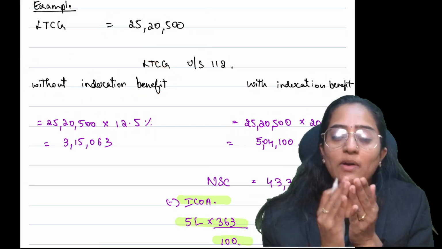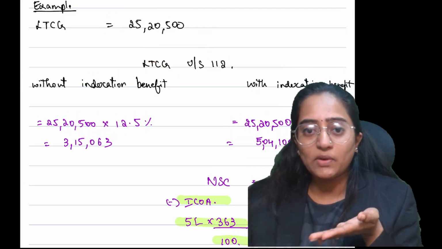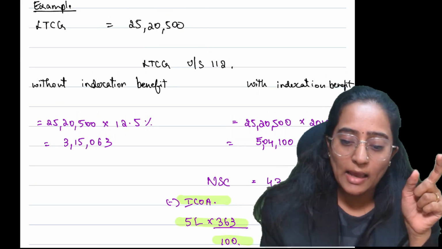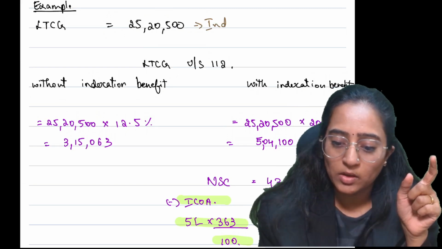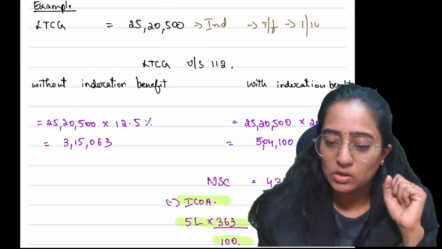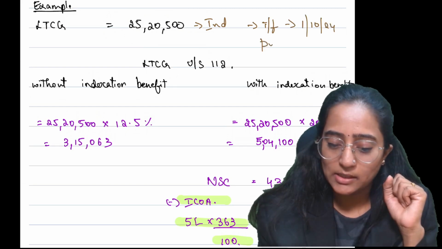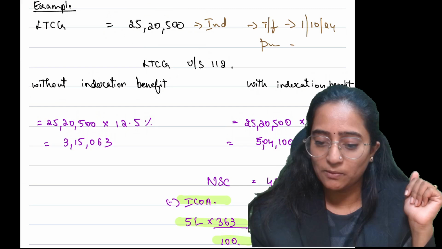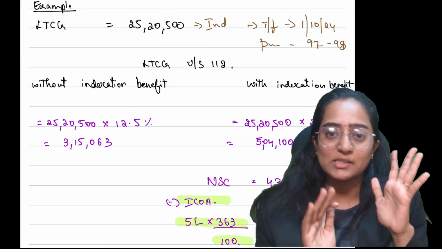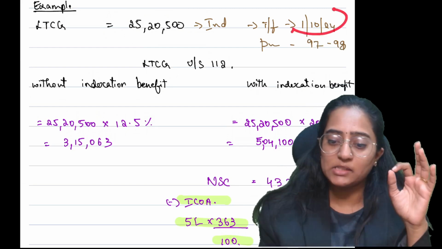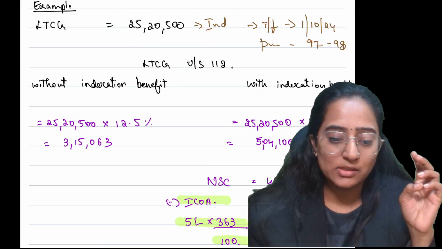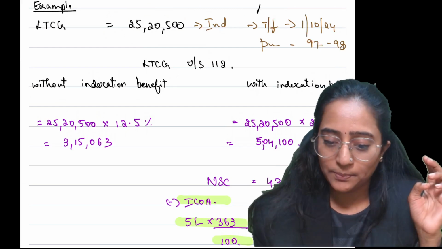Suppose you have acquired it before 23/7/2024 and sold it on or after 23/7/2024. You are an individual. You have transferred it, let's consider, on 1/10/2024, and you purchased it before, somewhere around 1997 or 1998. So purchase has happened before and transfer has happened after. You are an individual and you are selling land over here, and this is land.